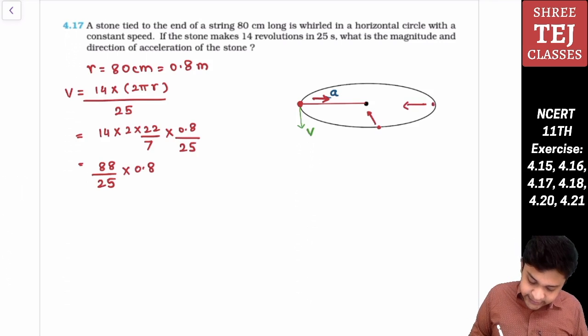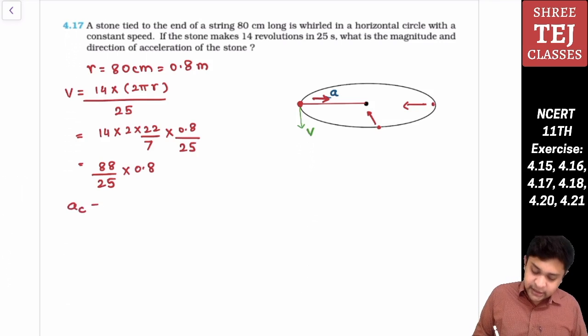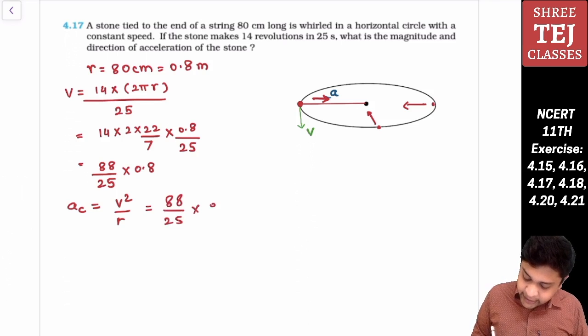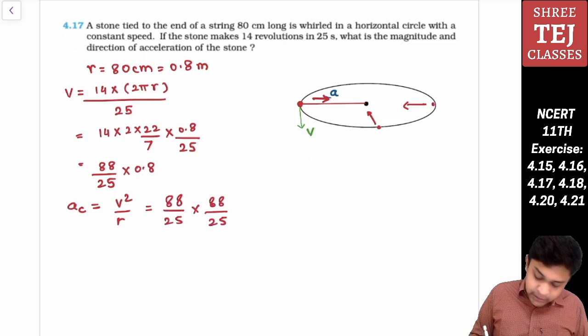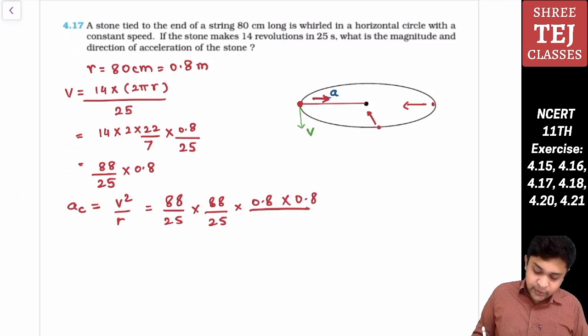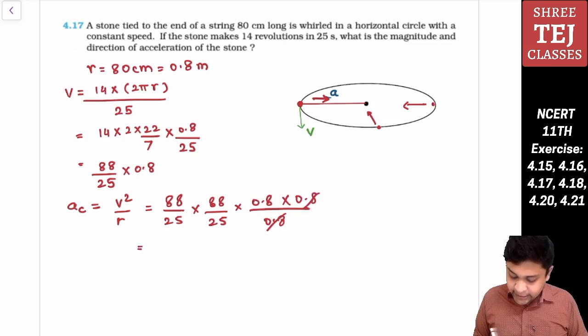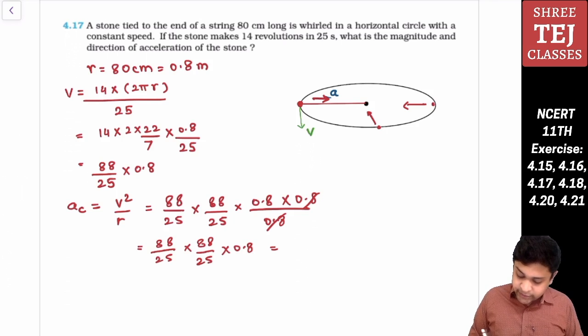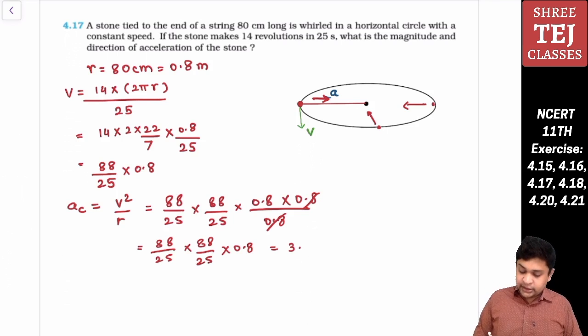And its magnitude, centripetal acceleration, is v square upon r. So this will be 88 upon 25 multiplied by 88 upon 25 multiplied by 0.8, with r being 0.8.